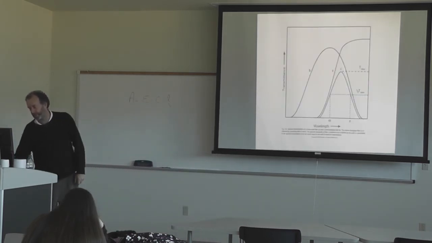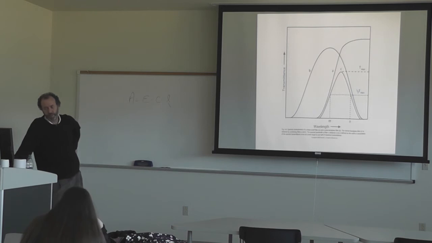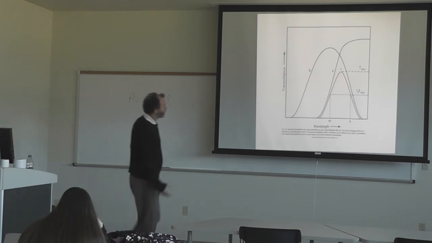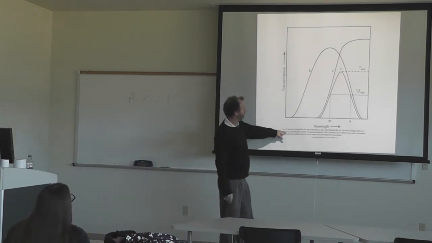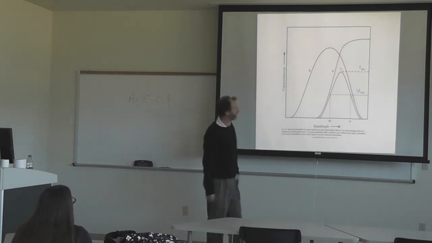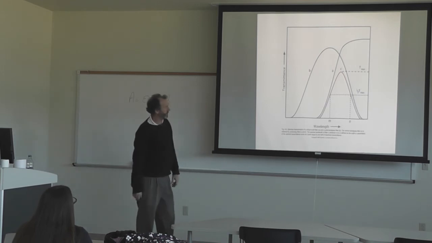For filtering, and I guess everything, there's something called bandwidth. What do you think bandwidth means? So this figure shows you a wide bandpass filter and a narrow bandpass filter, right?